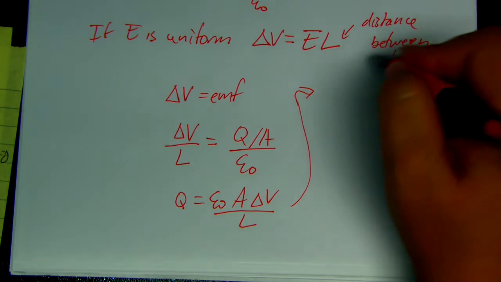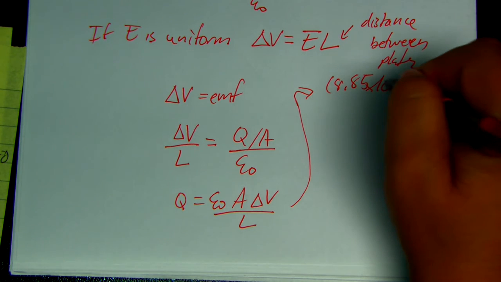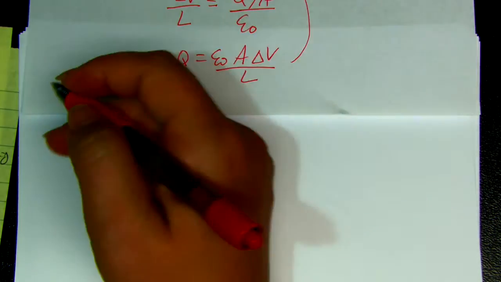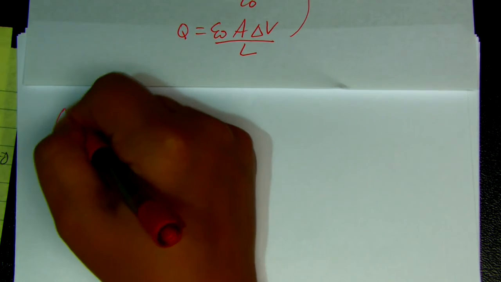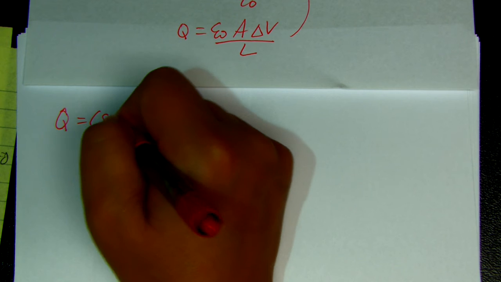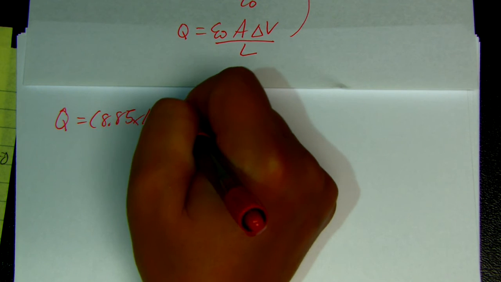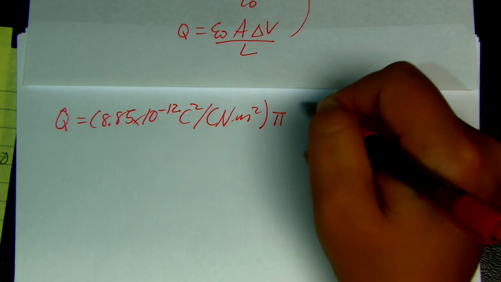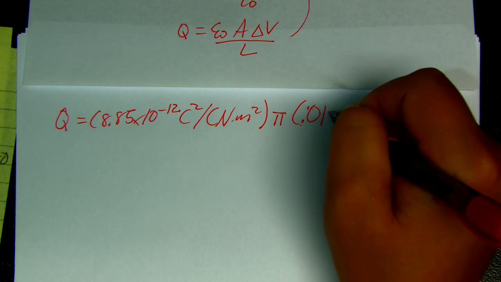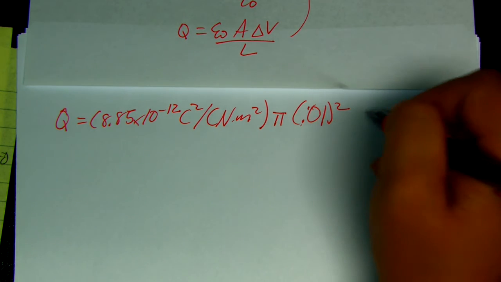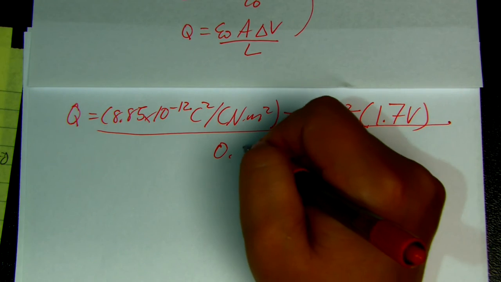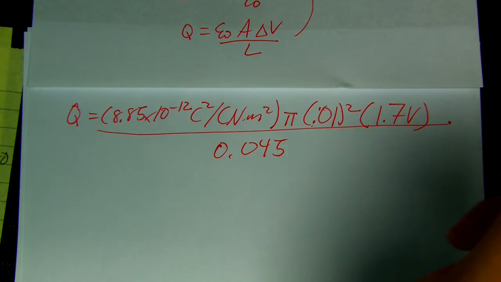And if we plug in our values, so 8.85 times 10 to the minus 12 Coulomb squared over Newton meters squared, pi times 0.01 squared, that's the area, times 1.7 volts, that's EMF, divided by 0.045, that is the length.